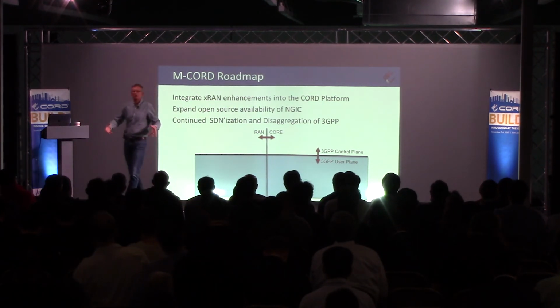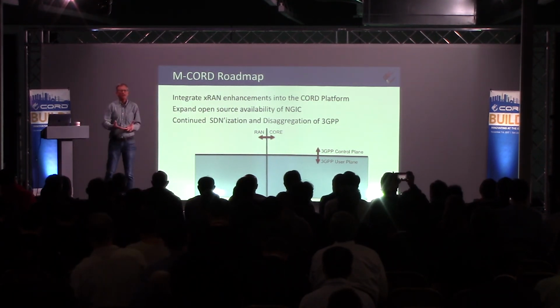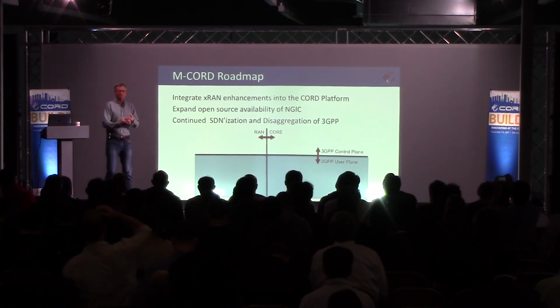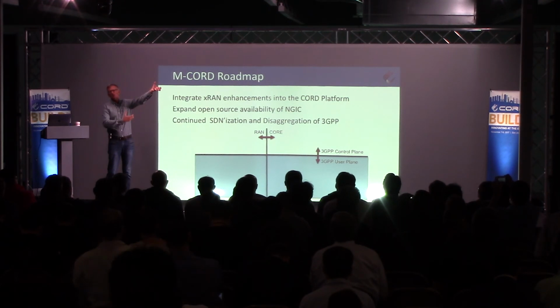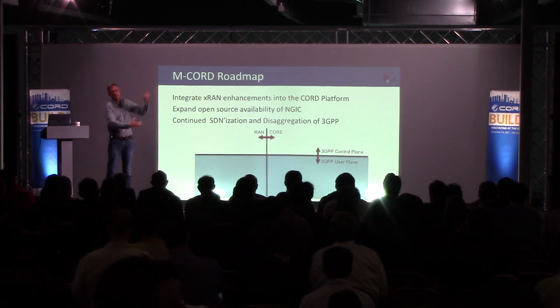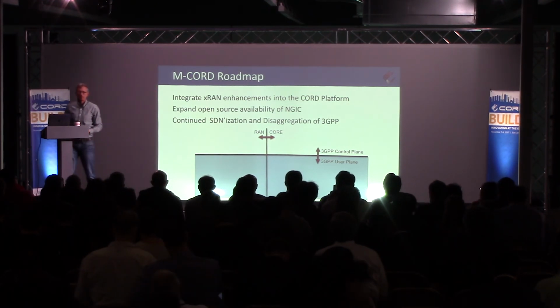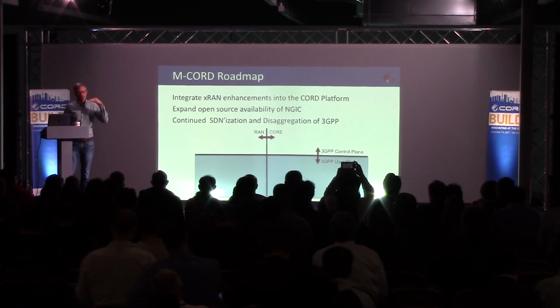When we started, the EPC was one big lumpy thing. The mCORD team has already disaggregated it. Some pieces go above the line because they're control, and some pieces go below the line because they're user plane. But that's just the next step.